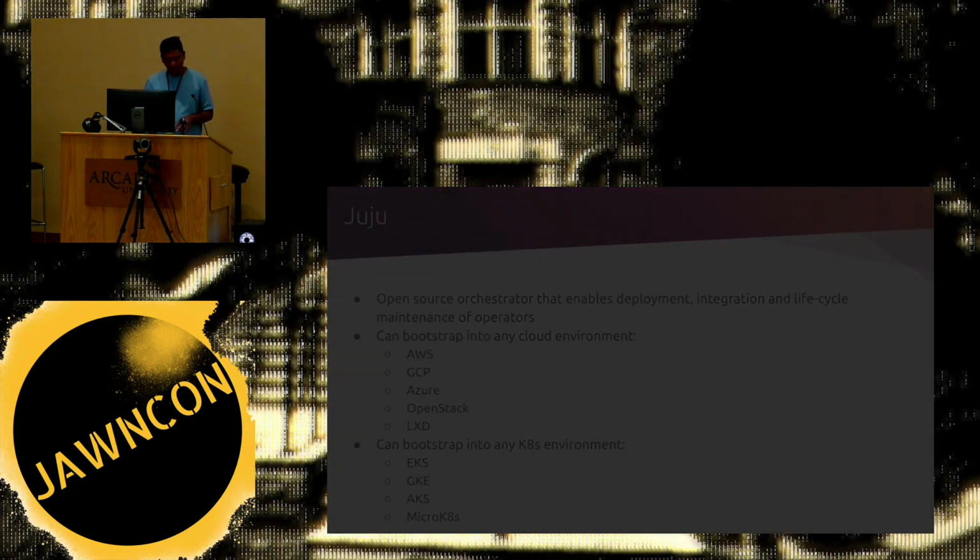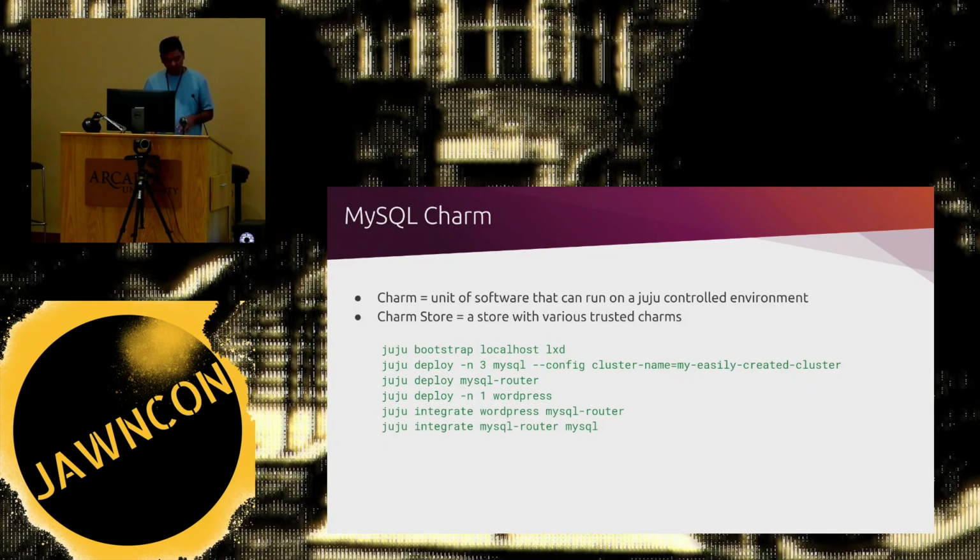The idea behind Juju is that you want to have these things called charms or charmed operators, which are basically units of software that run on Juju. You can take any software out there. It can be a web framework like Django or Flask. It can be a database, which is what we do at Canonical in the data platform team. We write a charm for MySQL, which will run on Juju.